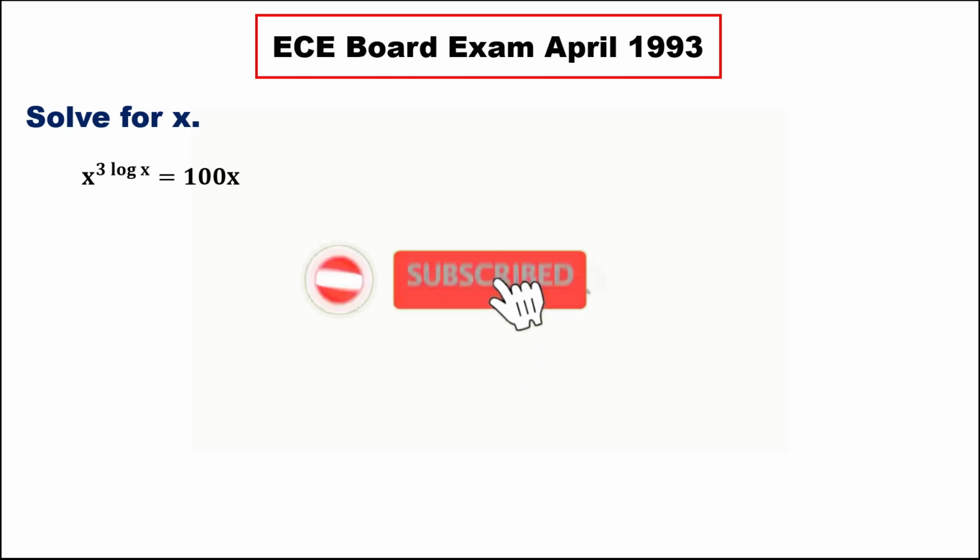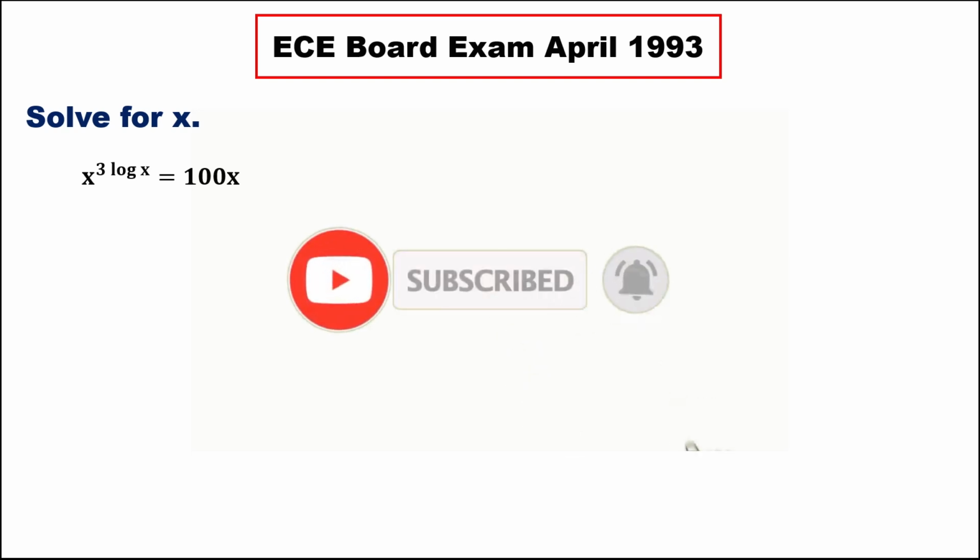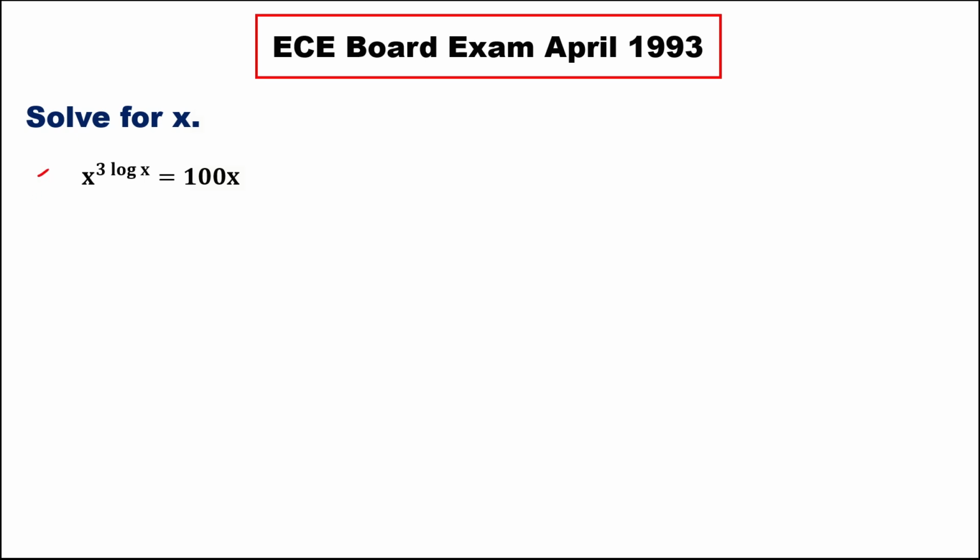So for this problem, to solve for x from this given equation, first we need to take the logarithm of both sides. So this becomes log x to the power 3, then log x, equals log 100x.